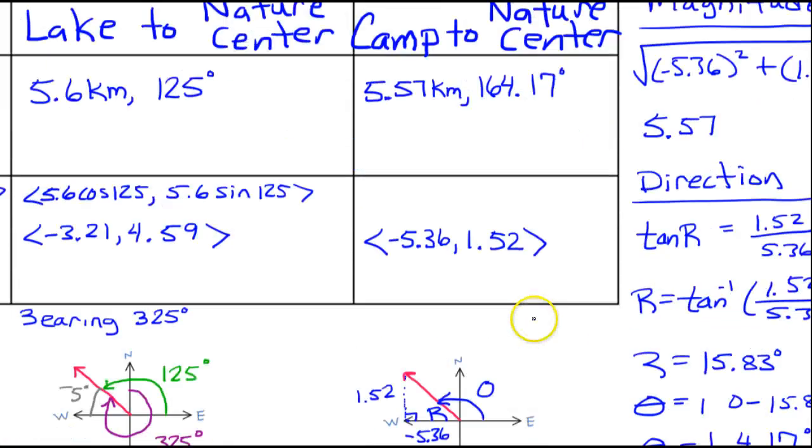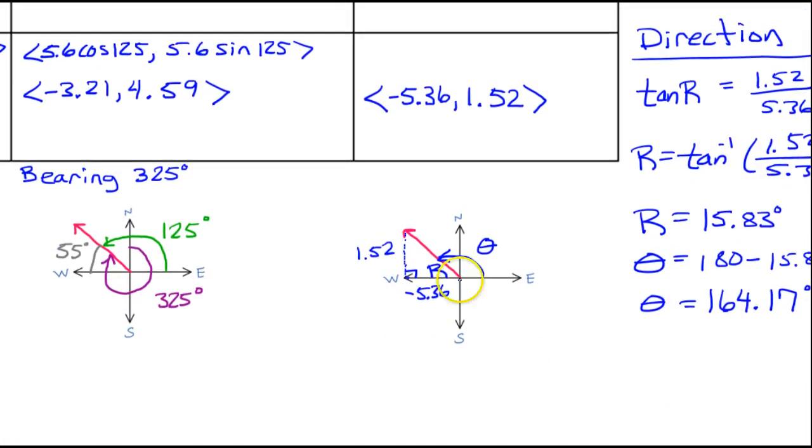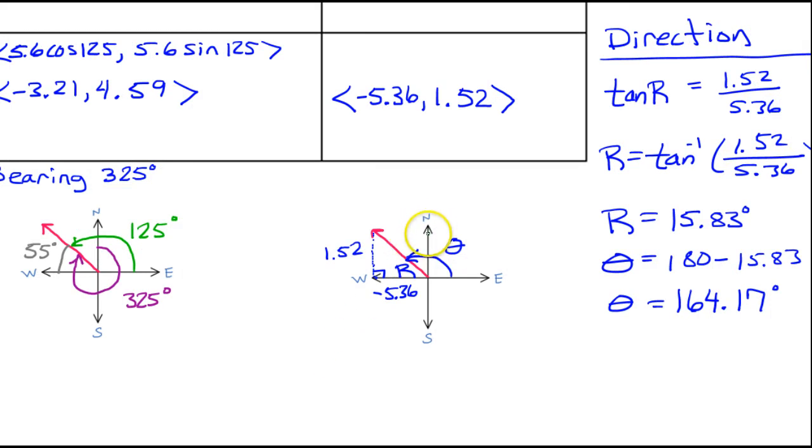So let's look back at our diagram and think about bearing. Bearing is measured clockwise, starting from north. So if I start measuring from north, I'm going to go all the way around like this until I get to here. So I need to know what that angle is. This green angle that I just drew will be the bearing. So I know that I went 90, 180, 270 degrees. At west, I had a bearing of 270 degrees.